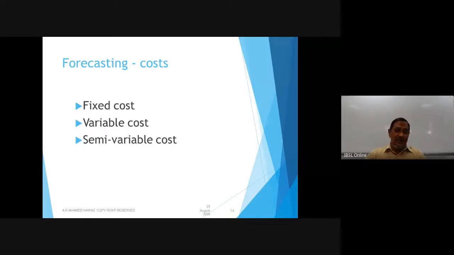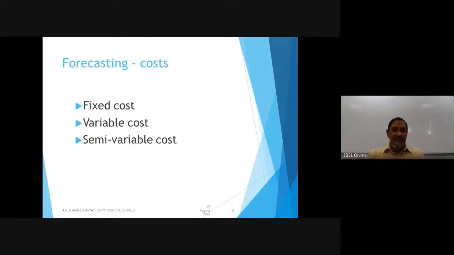A fixed cost is the cost which is not changing with the sales. Variable cost is changing with the sales. Semi-variable cost may change or may not change.